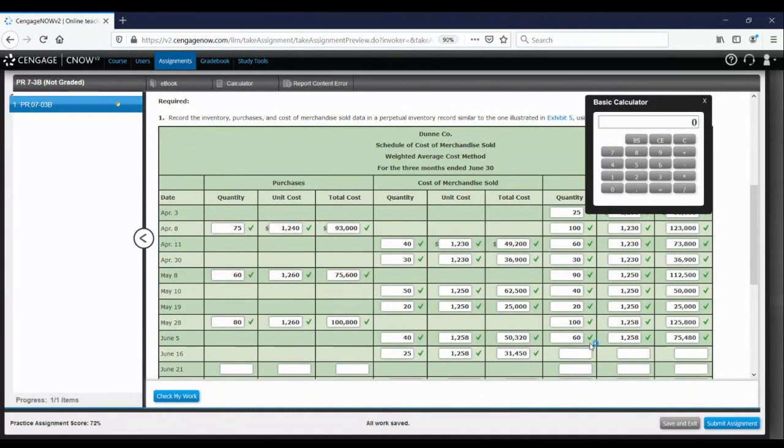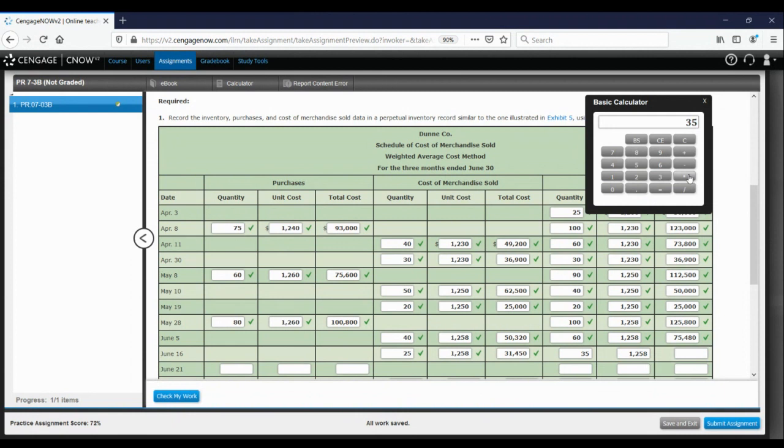The number of units that you had left over on June the 5th was 60 units. You sold 25 of those, so you have remaining 35 units in ending inventory that had a weighted average cost per unit of $12.58.